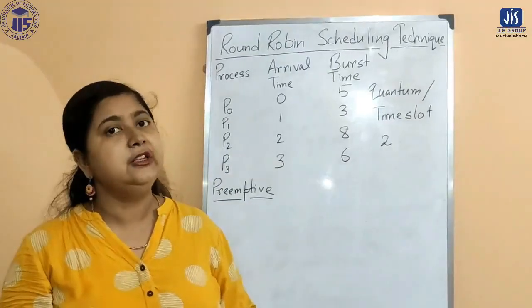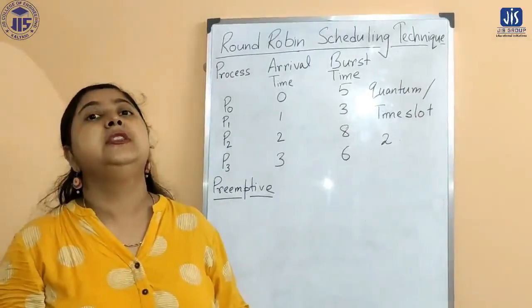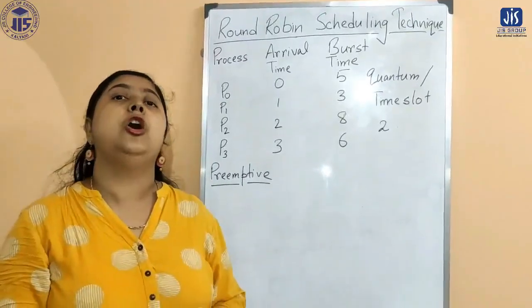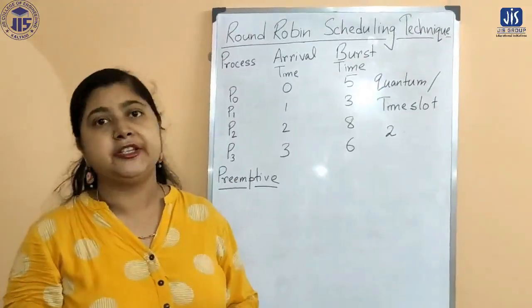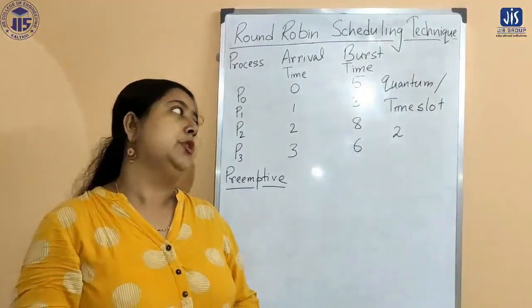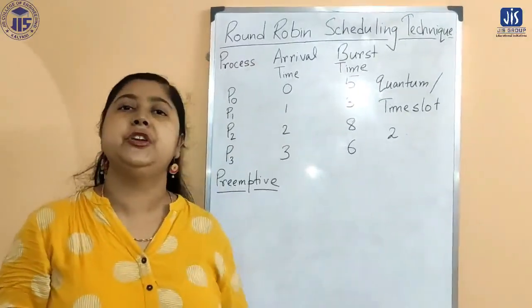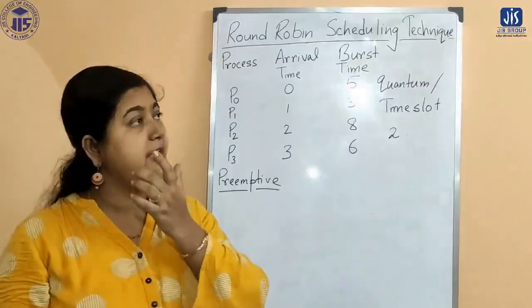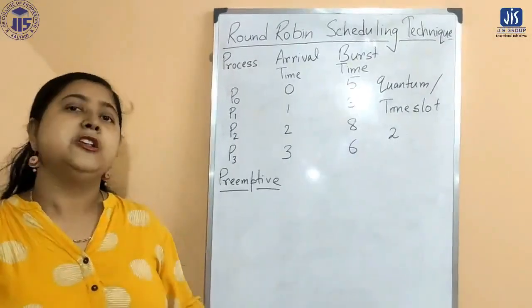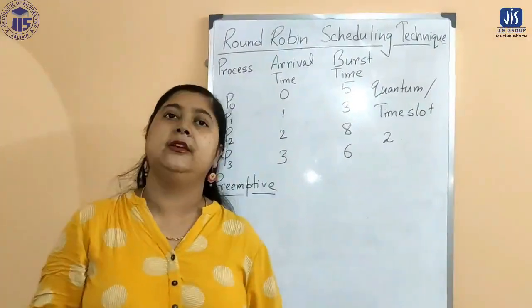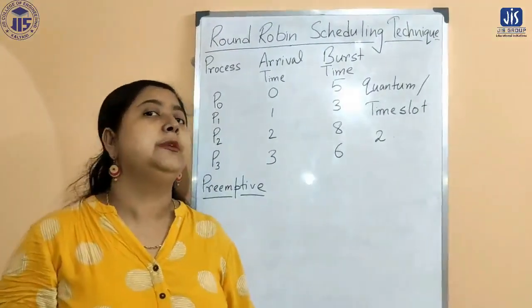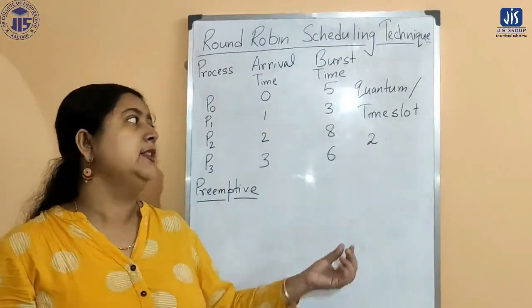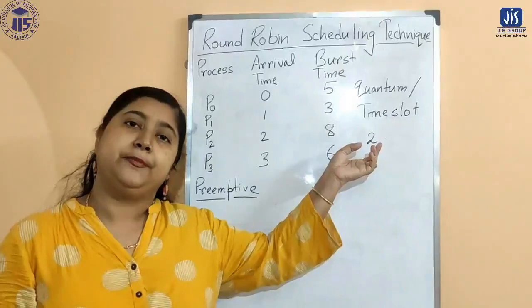And after these 2 units of time, the processor will automatically go to the next process. So there is no question of voluntarily giving back the processor. The system is going to take the processor from that particular process when its time slot expires.